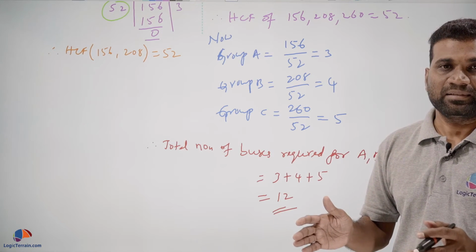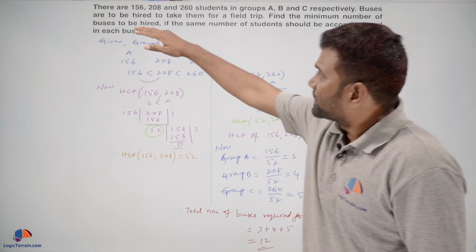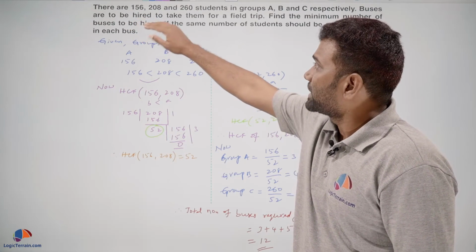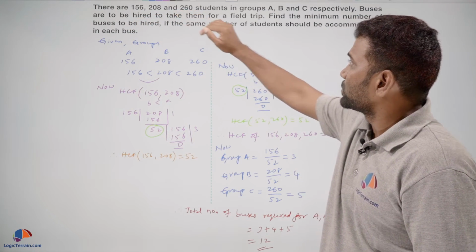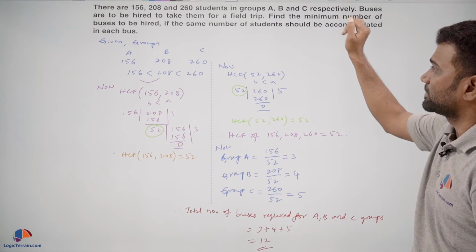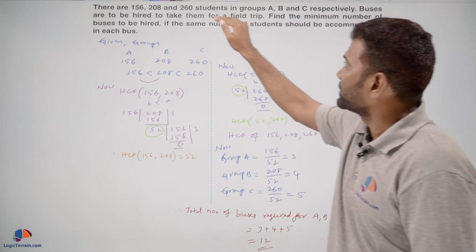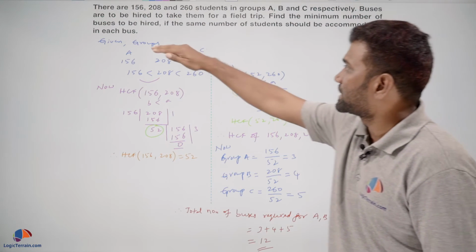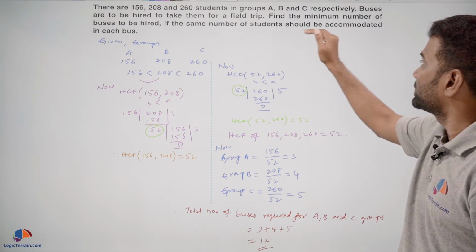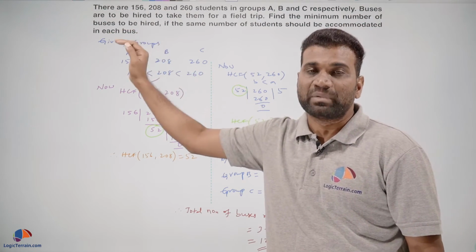Clear? Look at it once again. There are 156 students, 208 students and 260 students in groups A, B and C respectively. Buses are to be hired to take them for a field trip. Find the minimum number of buses to be hired if the same number of students should be accommodated in each bus.